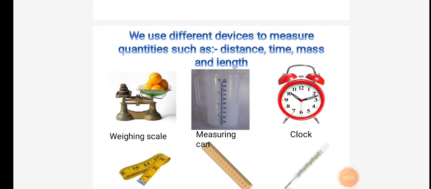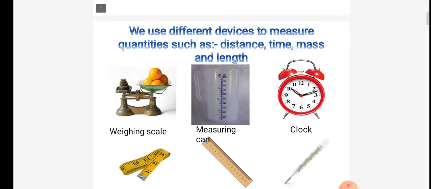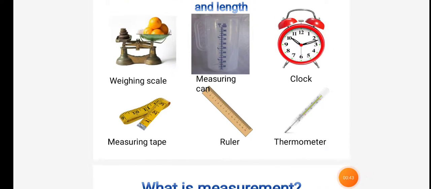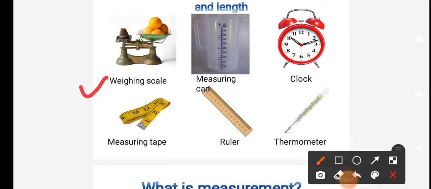So students, we use different devices to measure quantities such as distance, time, mass and length. For example, weighing scale is used to measure weight of any object. Measuring can we are using to measure liquid.